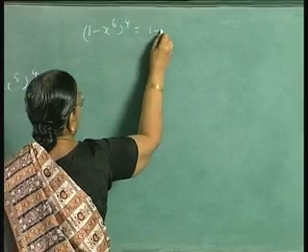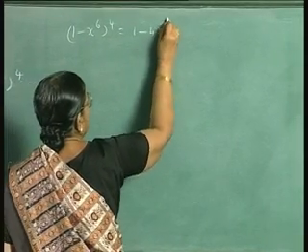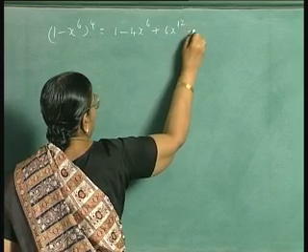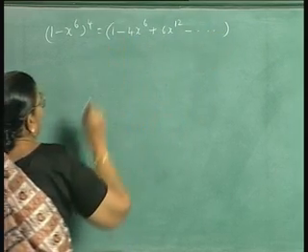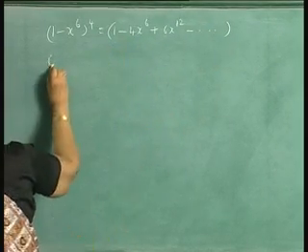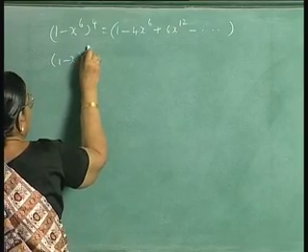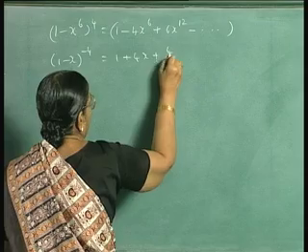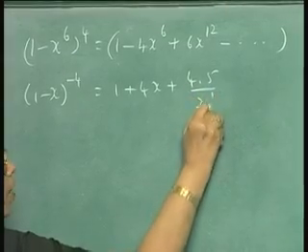How can you get x^13? You can multiply the 1 by the term consisting of x^13 here, you can multiply this term by the term having x^7 here, and you can multiply this term by this term. So in 3 ways you can get x^13.